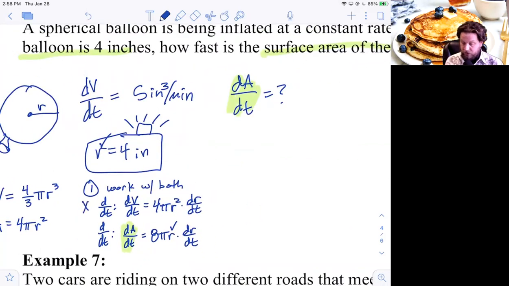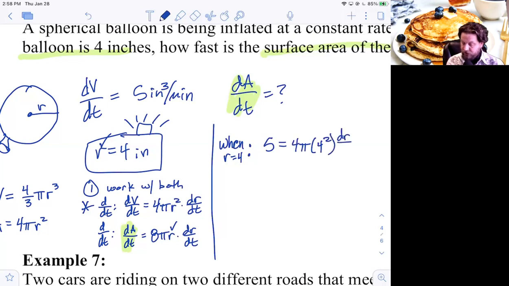Well, enter equation number 1. Okay, so when r equals 4, let's just plug it into the top one. We get dV/dt, which we know is 5, equal to 4 times pi times 4 squared times dr/dt.